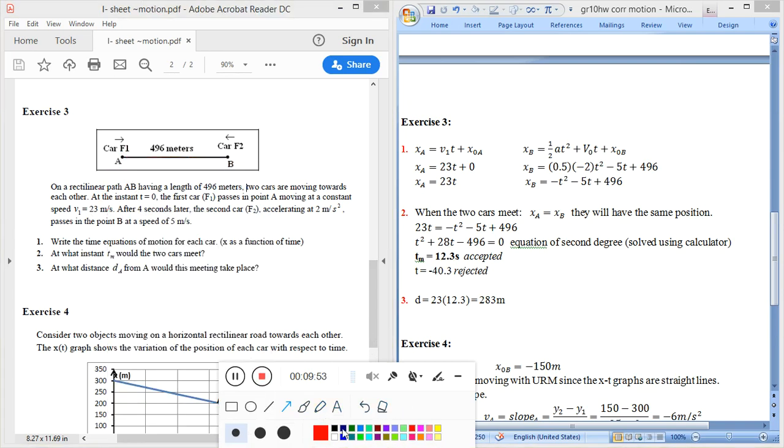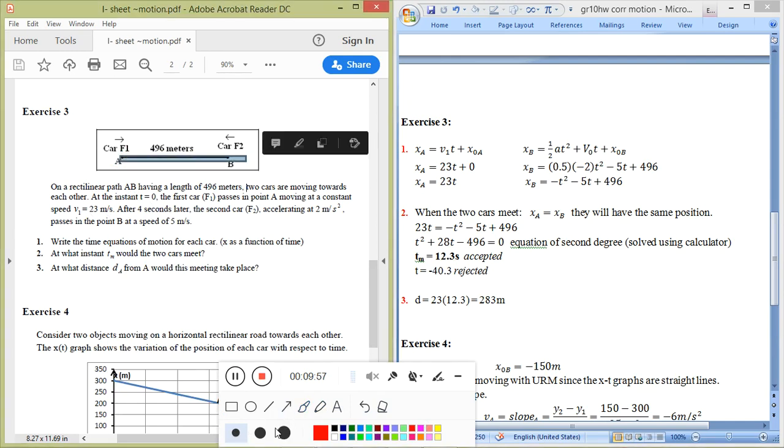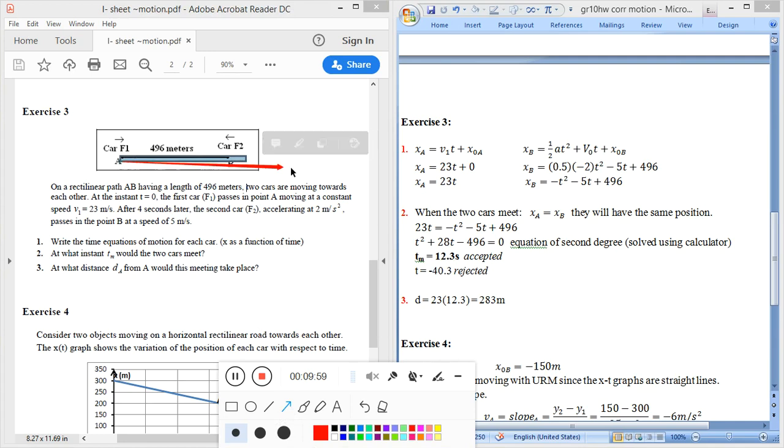Okay, so the positive axis is to the right, and the origin is at point A. This is the x-axis. Now, A is at the origin, while B is moving opposite to the positive axis.